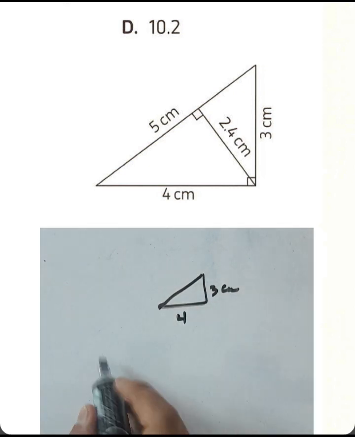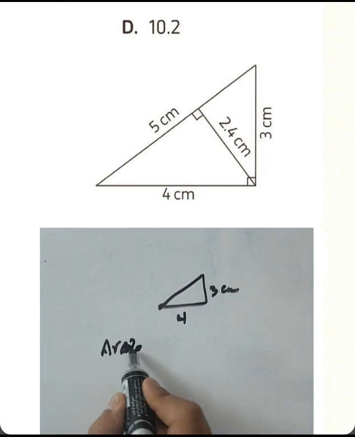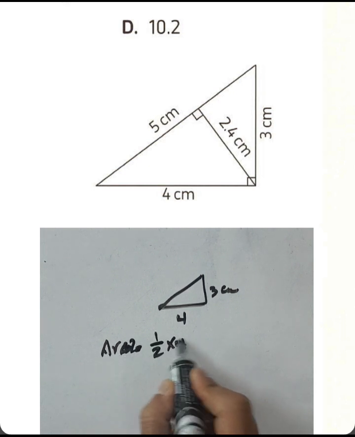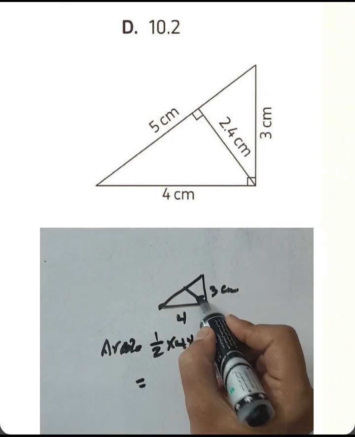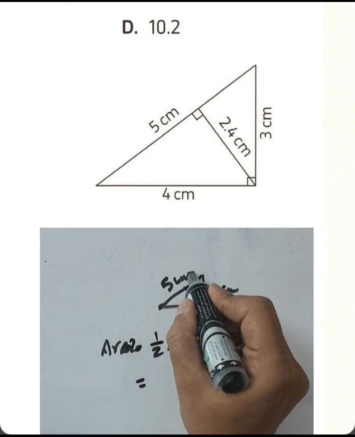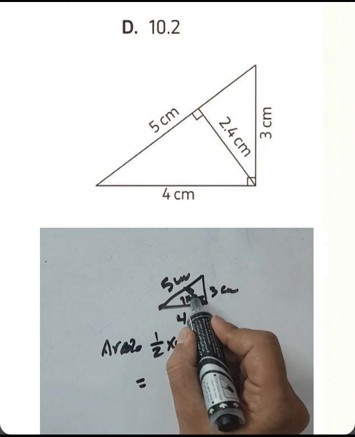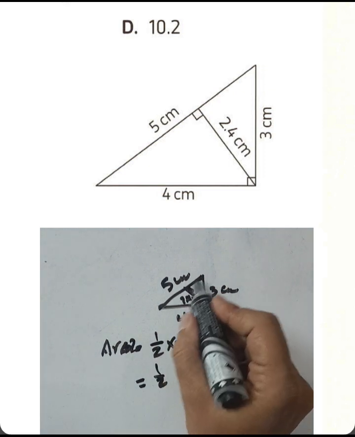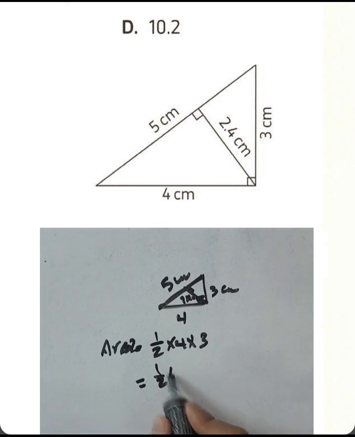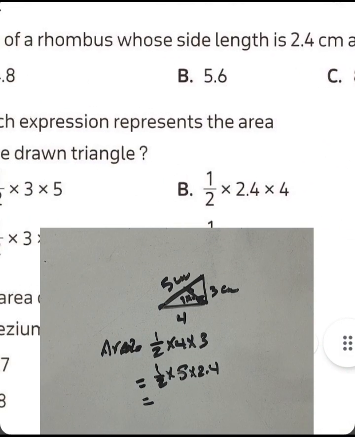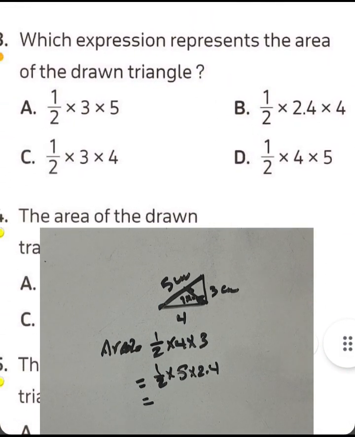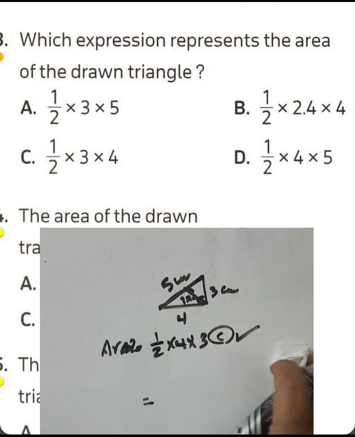Then we can write the area equal half multiplied by the base multiplied by the height, or you can write this base, 5 centimeters, multiplied by 2.4 centimeters, because the corresponding height for the base 5 will be 2.4. Write half multiplied by 5 multiplied by 2.4. Okay, so we have two solutions for this example, where the result is exactly half times 4 times 3. Choose letter C for this example, letter C.